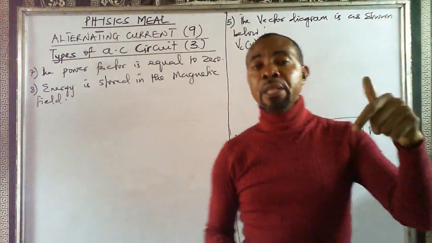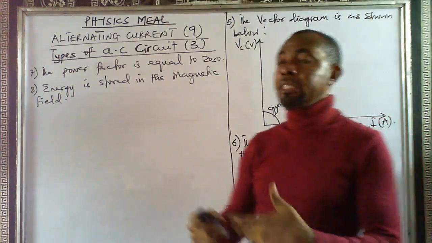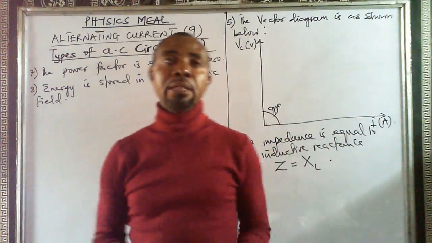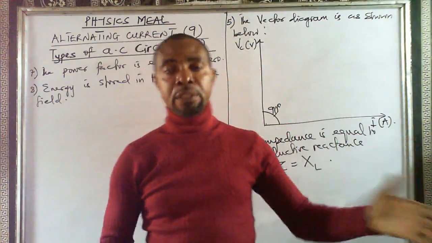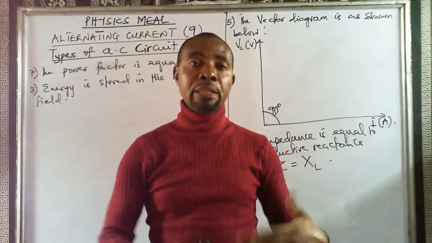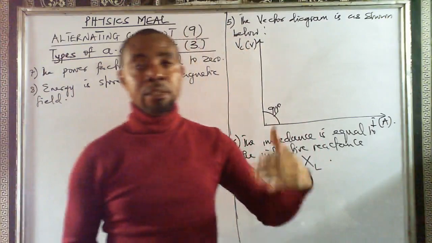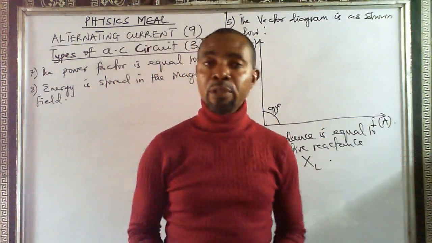Now we saw that in a pure resistive circuit, energy is dissipated as heat. Now, when you looked at the pure capacitive circuit, we saw that energy is stored in the electric field.